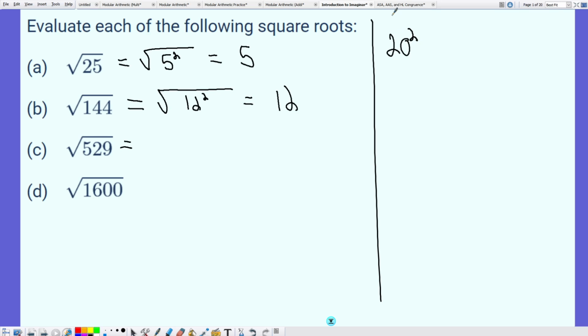Because, let me think about it. 20 squared. 2 times 2 is 4, so 20 times 20 is 400. That's kind of close to 529, but we're not there yet. 529 is an odd number, which means that I'm probably going to have to pick an odd number when I square something.